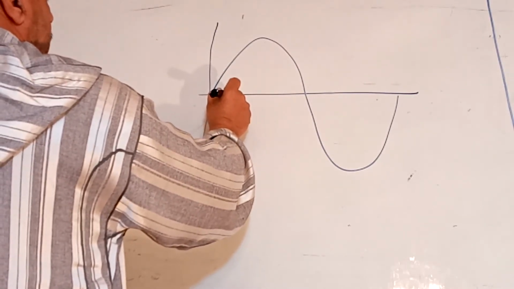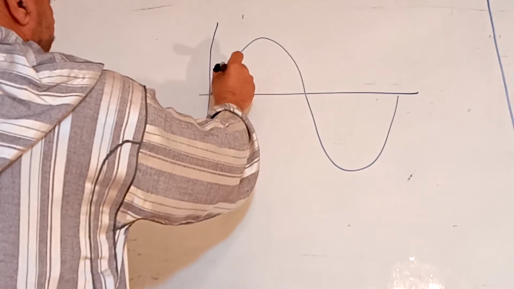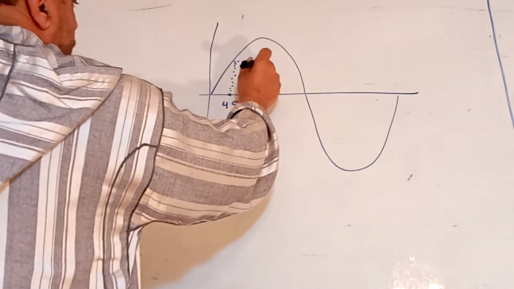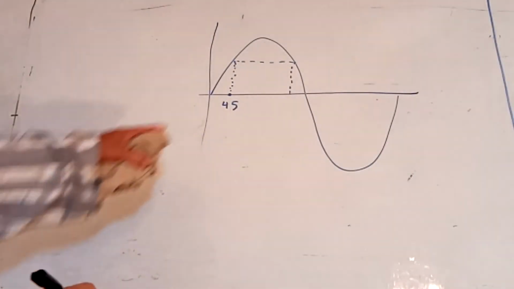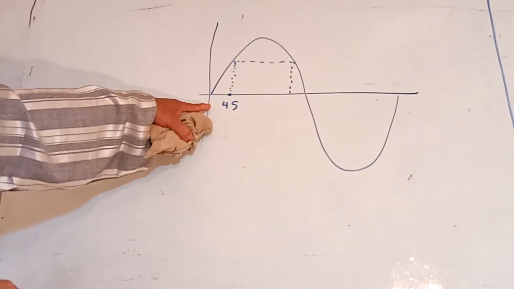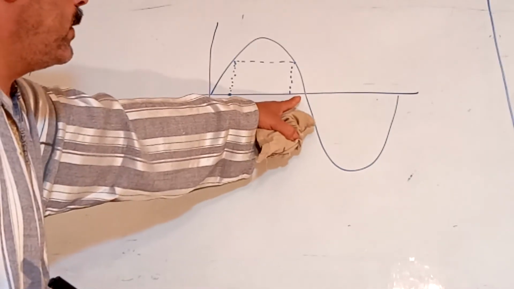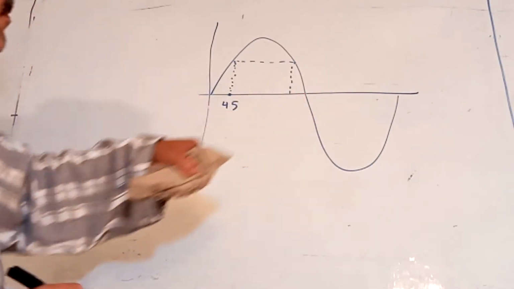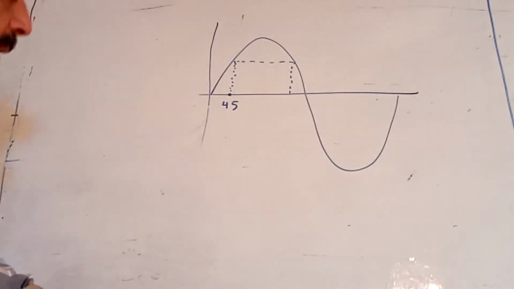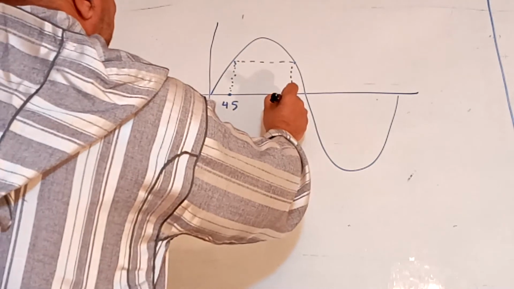Look, this is similar to this one here. So this one is 45, and this is 180. So 180 minus 45 will be 135.